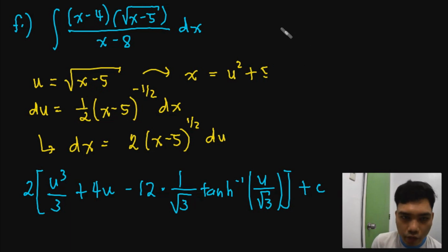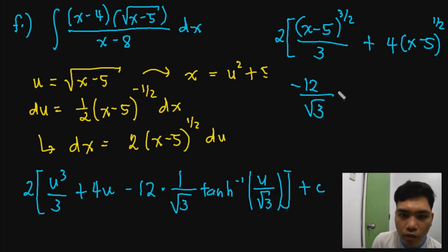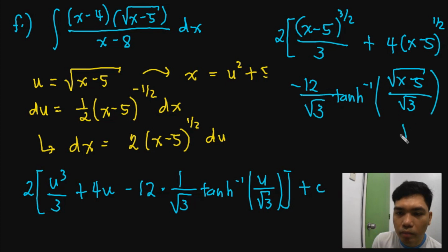So with that being said, we have 2 and then u cubed over 3, so that becomes actually something like x minus 5 raised to 3 halves, because we know that this u is square root, so that becomes 3 plus 4 times x minus 5 raised to 1 half, okay, and then of course minus 12 square root of 3 inverse tangent of u, which is square root of x minus 5 divided by square root of 3 plus c. So this is your final expression for your answer in this problem.